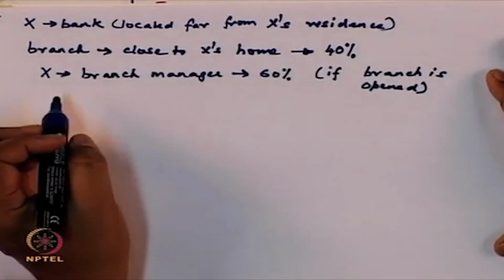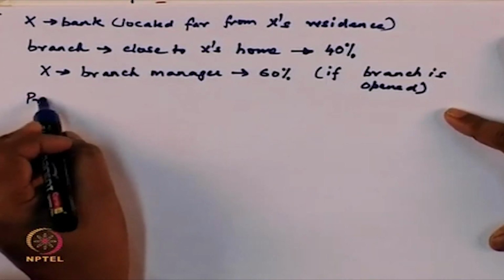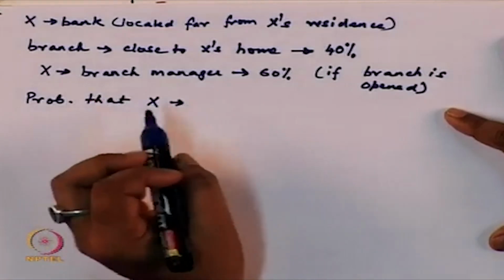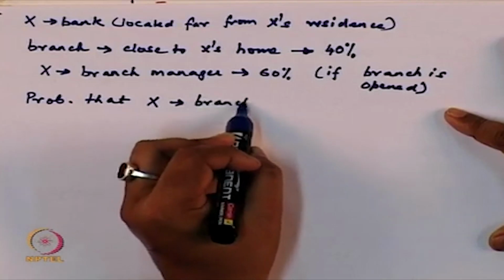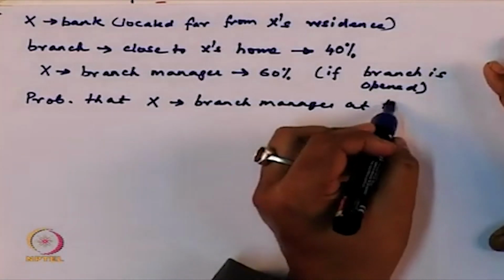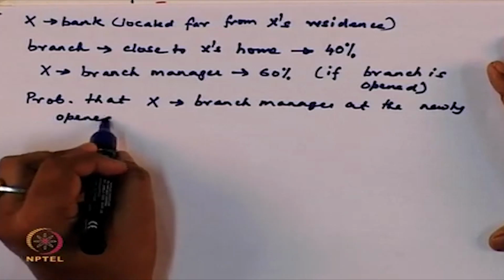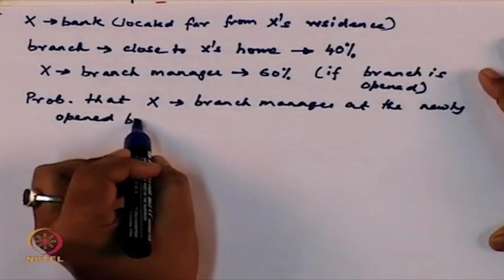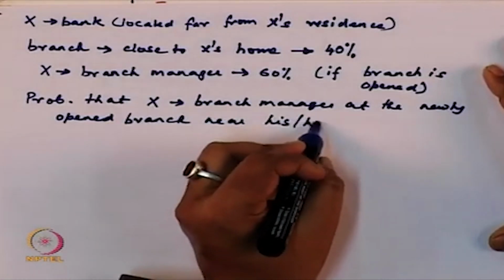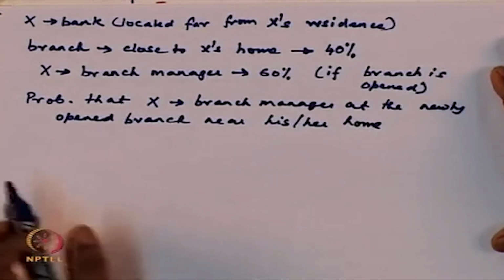I want to ask the question: what is the probability that X is branch manager at the newly opened branch near his or her home? I want to calculate this.